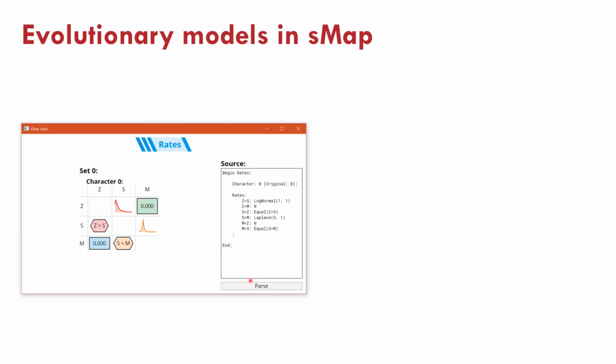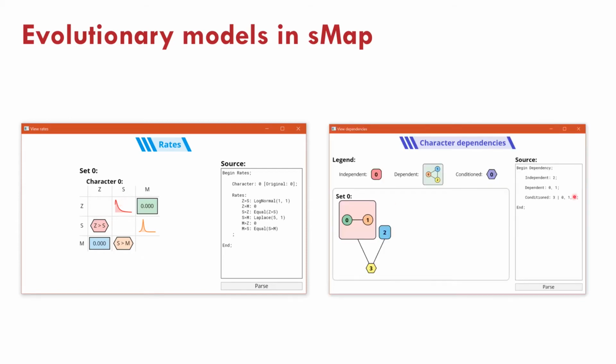And it also gives you the source code for this model specification, which you can then reuse in different analyses. And similarly, you get the same thing for specifying the relationships between characters. So you get this nice graphical summary, which is useful because it helps you see what the model looks like, which means that it's more unlikely that you will actually use in practice a model that is different from what you are thinking about.